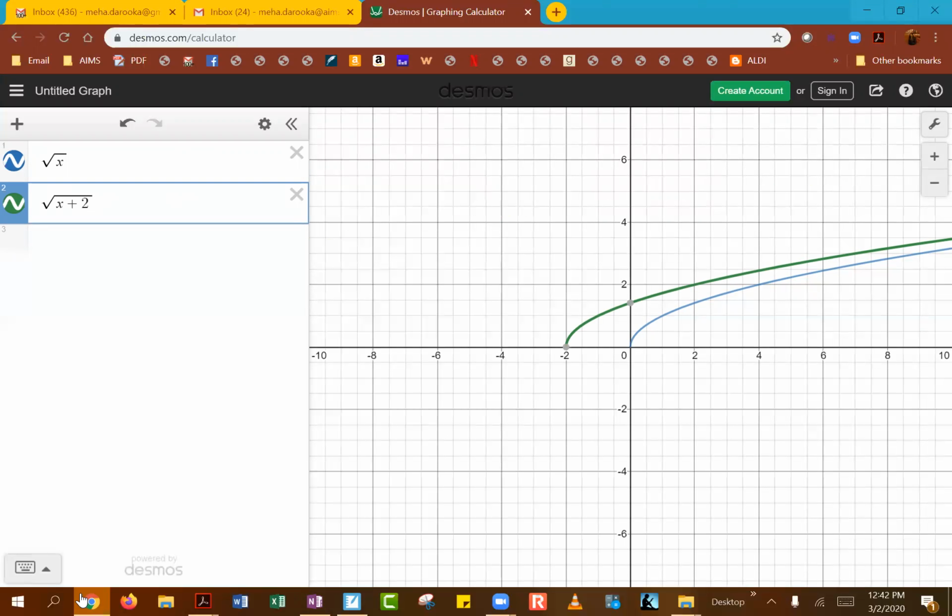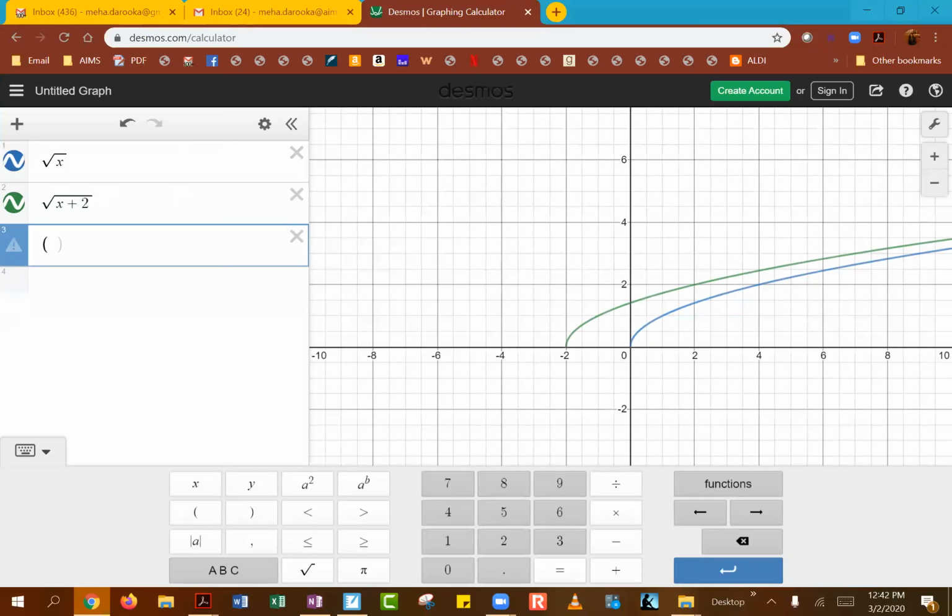Then we did 1/2 square root of x plus 2, so that's our shrinking, right?